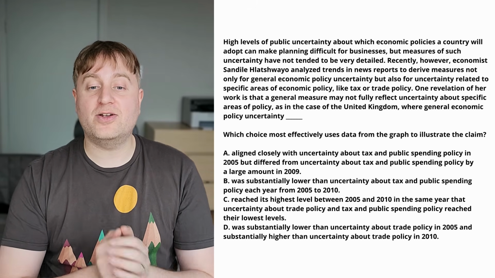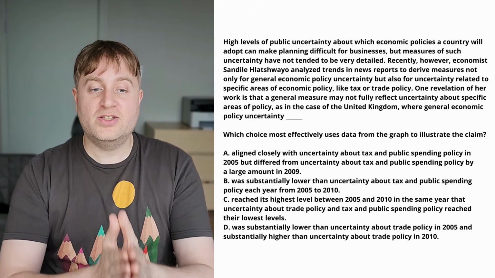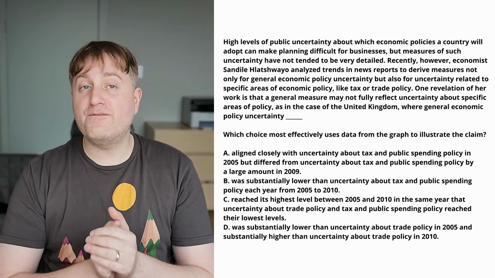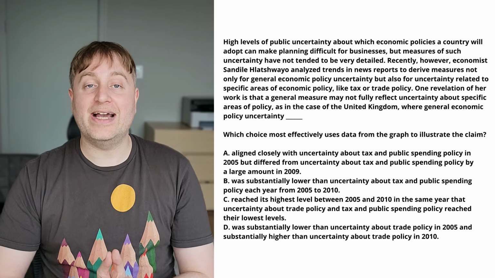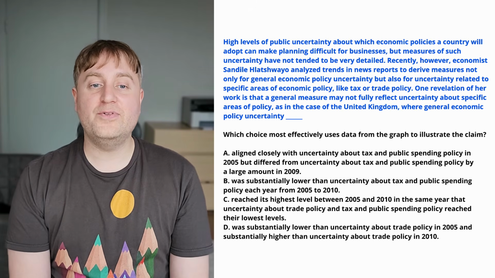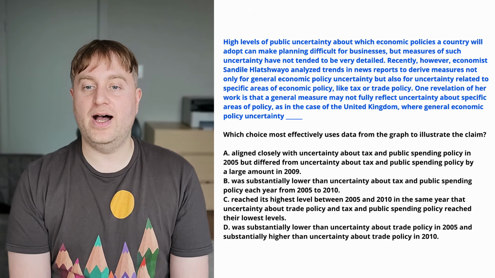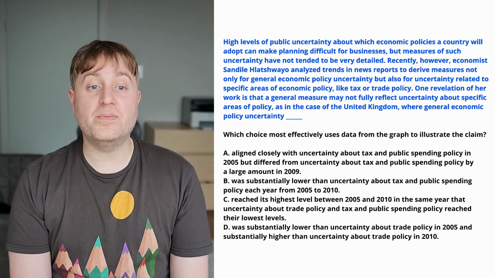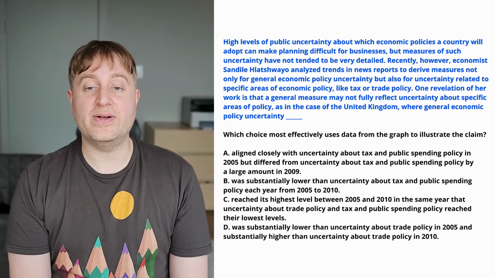What's going to make the correct answer special is that it will also support the claim. So to identify the correct answer, the first thing we're going to need to know is the claim, and we can read the text with that in mind. High levels of public uncertainty about which economic policies the country will adopt can make planning difficult for businesses. But measures of such uncertainty have not tended to be very detailed.